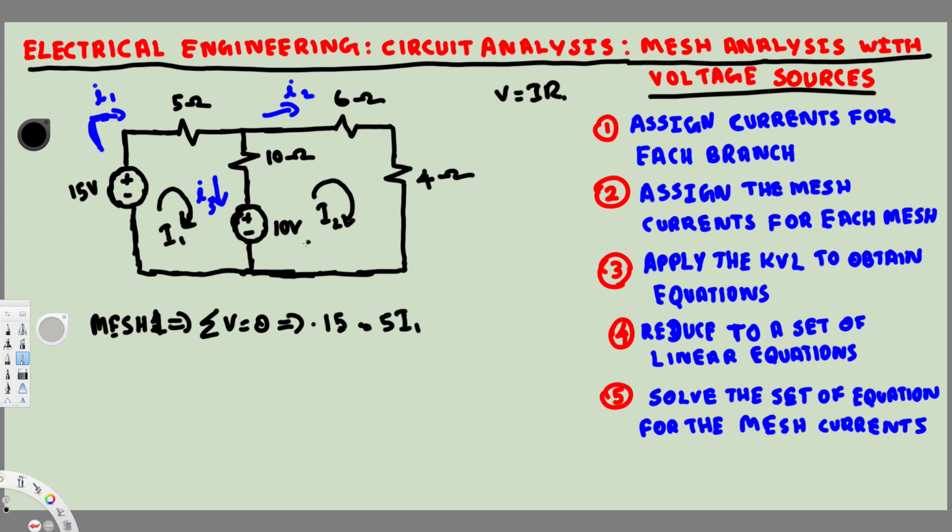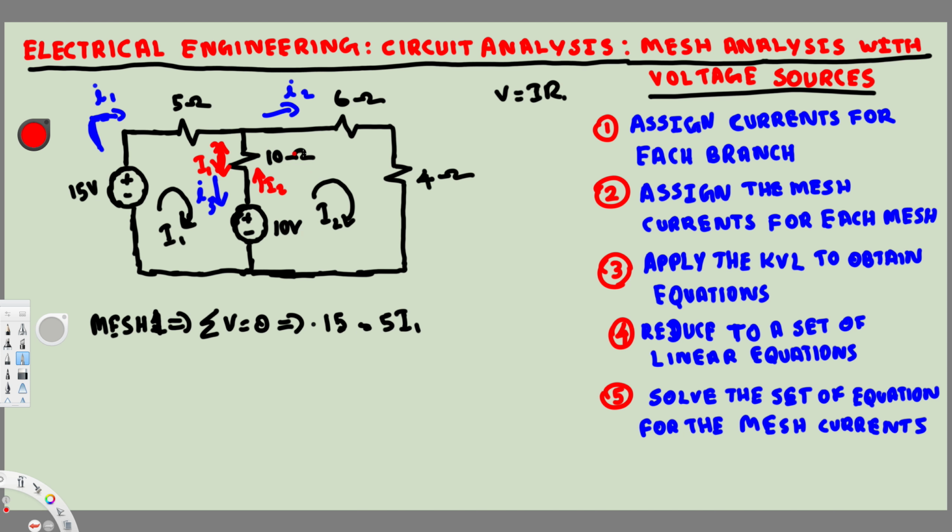So I2 should be plus, because it's going opposite to this path, since it's clockwise in this loop. So I1 is coming down, flowing along this current, and I2 is going opposite. If it goes opposite, it's going to be plus. If it goes along, that's going to be negative.